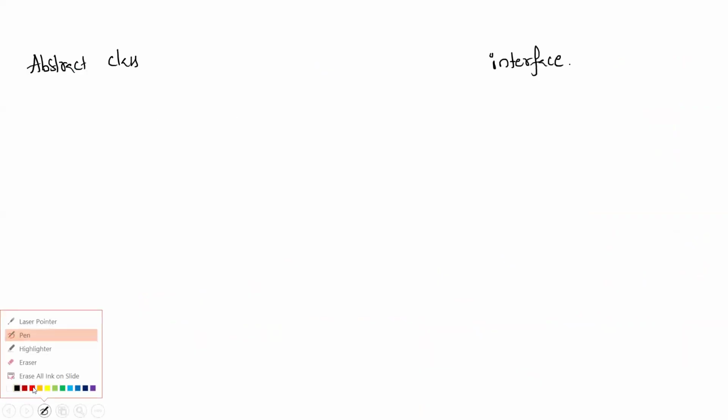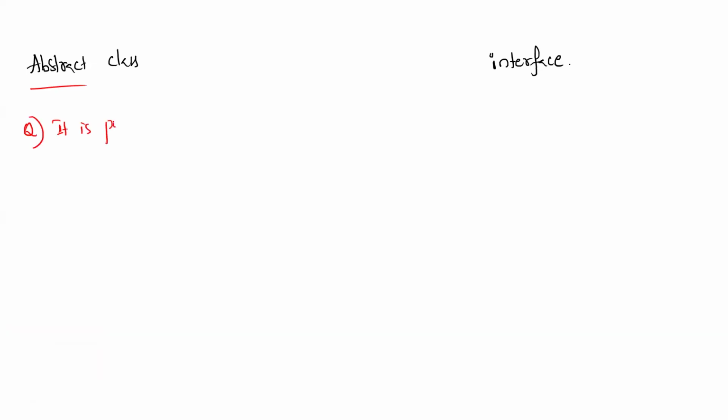Okay. So then the next question is about abstract class and interface. So these are the two things. They look the same. So the common question for these two together is: is it possible to achieve 100% abstraction using an abstract class?